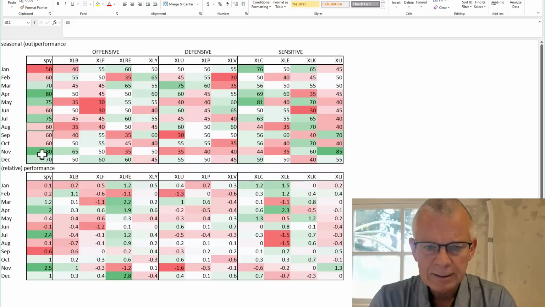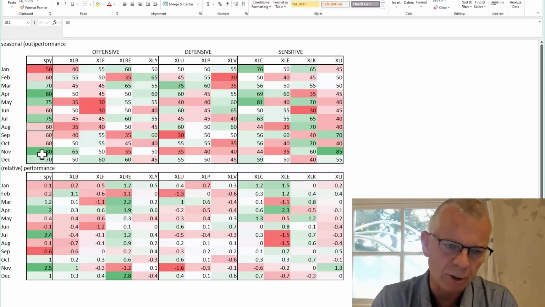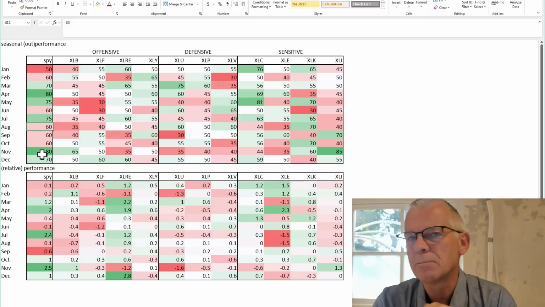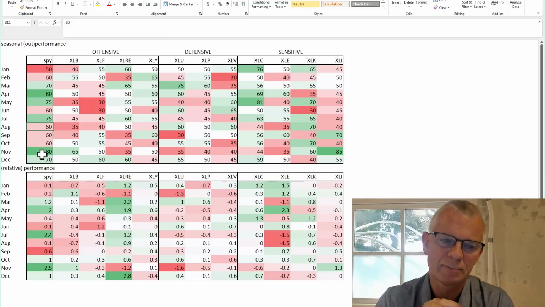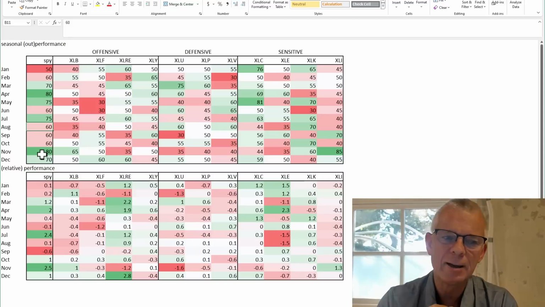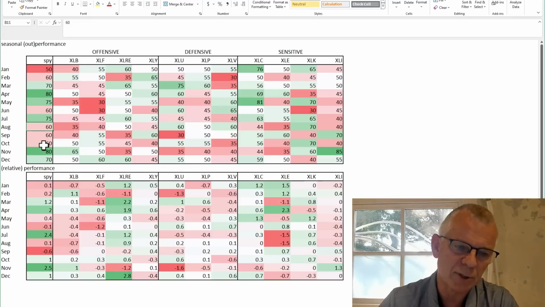And that is not a super reliable number. A toss of a coin is 50%, 60 is only marginally better. I am way more interested in the stuff where it's showing 75 or 80, or sometimes 30, 35, but in SPY that never happened.